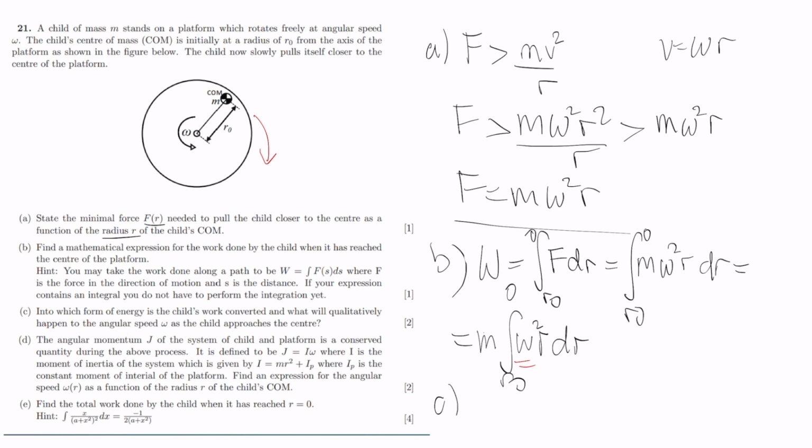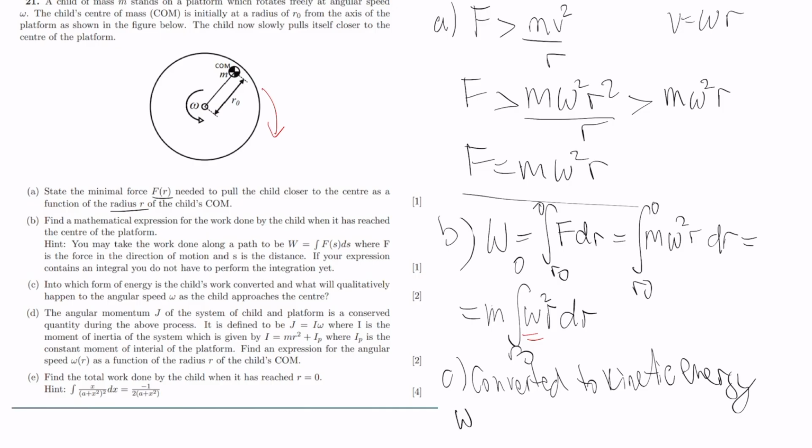Okay, so it is converted to kinetic energy, and we are expecting the kinetic energy to increase, and hence omega, the angular speed, to increase, similar to the way that, let's say, a ballerina or an ice skater will speed up when they pull their hands closer to the center. So we're expecting omega will increase, like that.